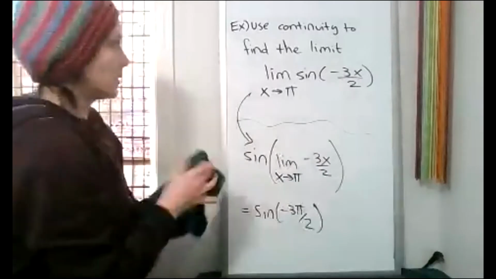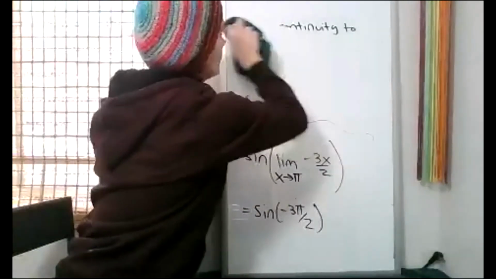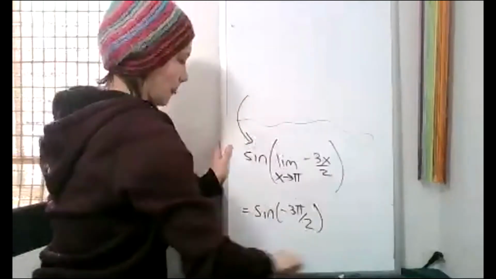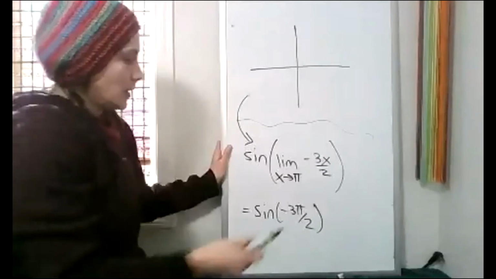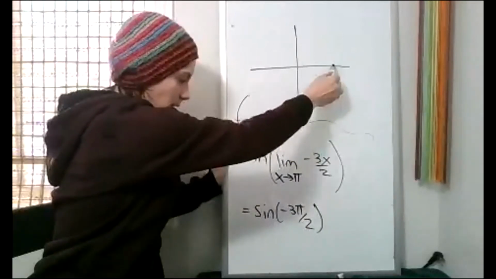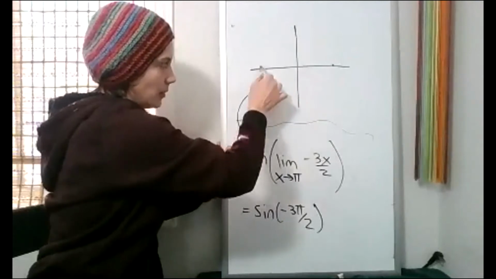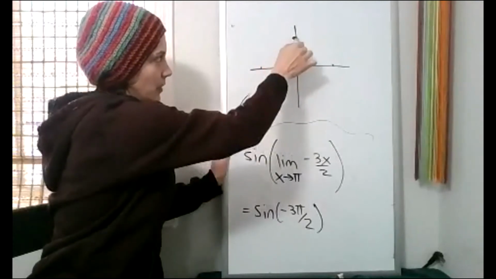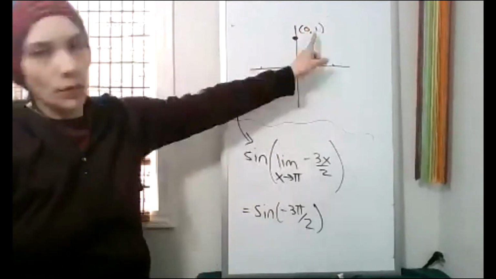Let's see what that is. So we're going to go backwards because it's negative. So 1 pi over 2, 2 pi over 2, 3 pi over 2, negative 3 pi over 2 would have sine of 1.